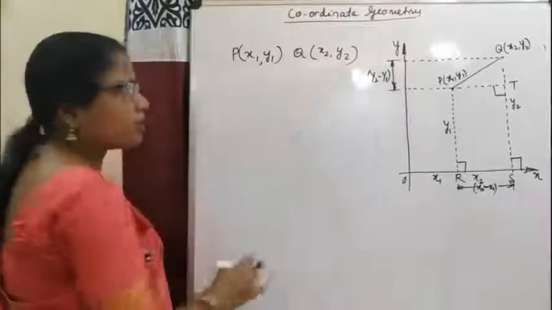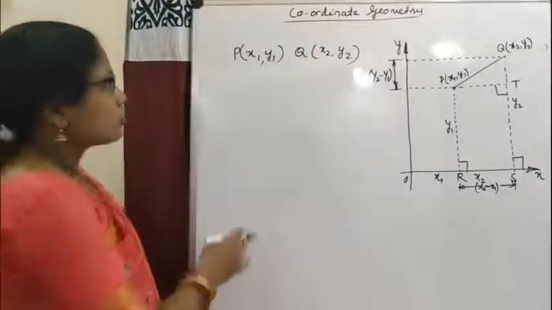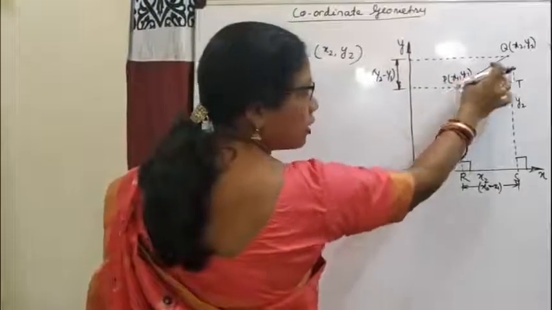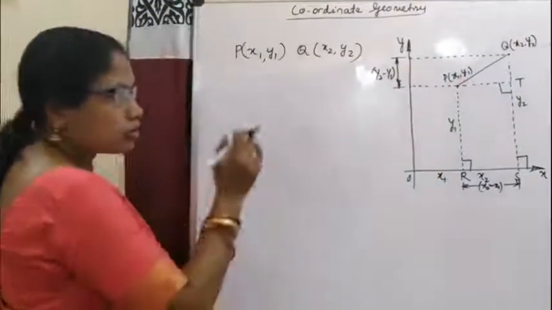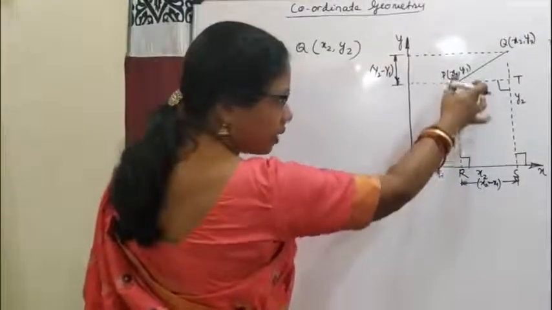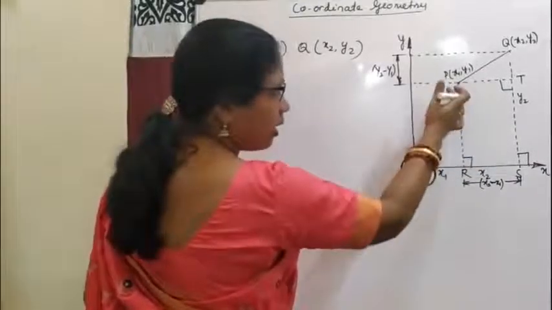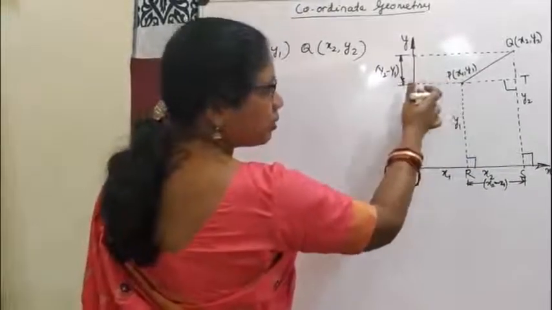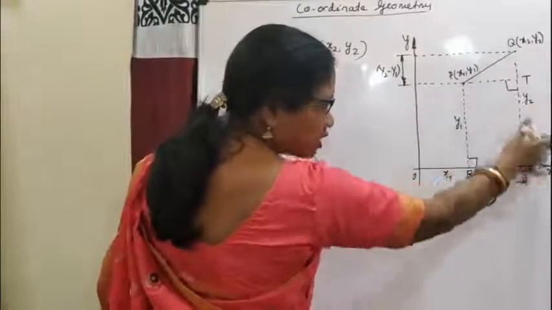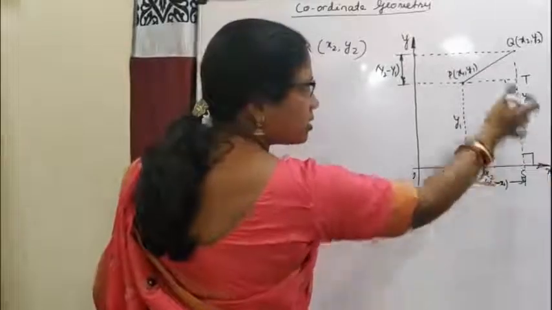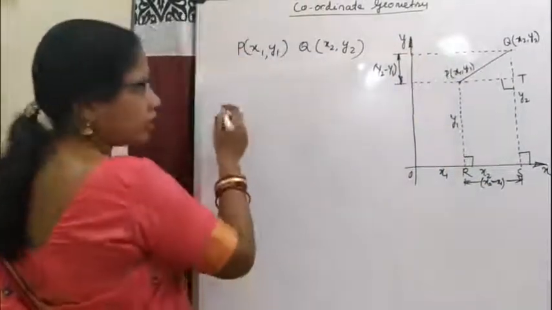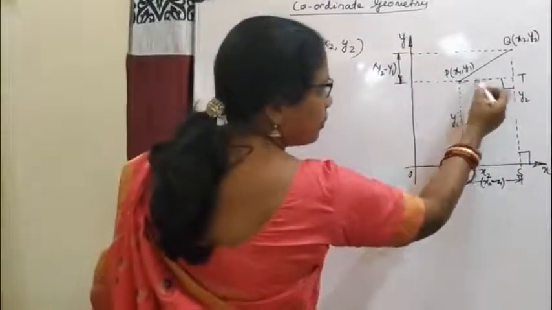We have to find the distance between P and Q. To find it, first we draw PR, a perpendicular line to the x-axis, and a perpendicular line to the y-axis, and from Q also we draw QS perpendicular to the x-axis and another perpendicular line to the y-axis. So here this is a right triangle.